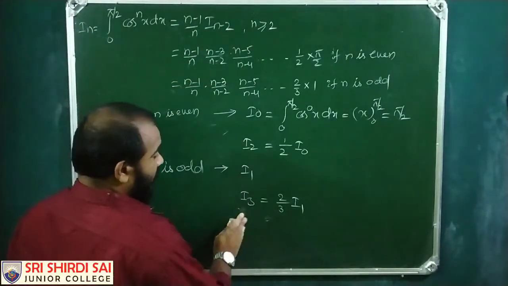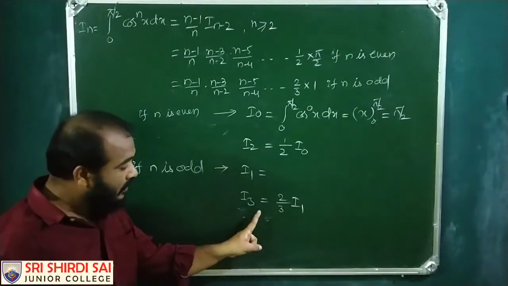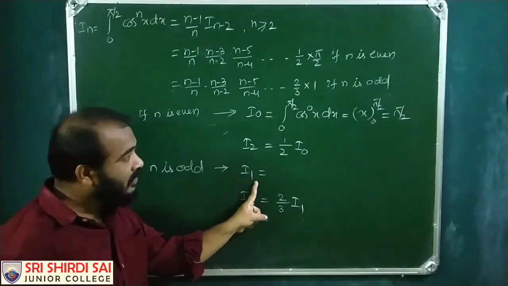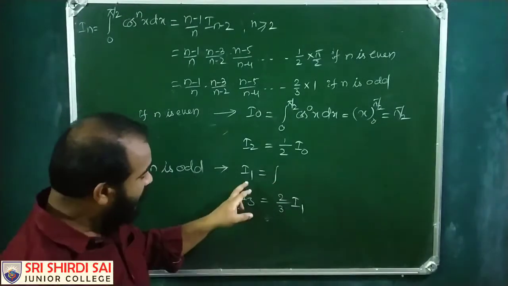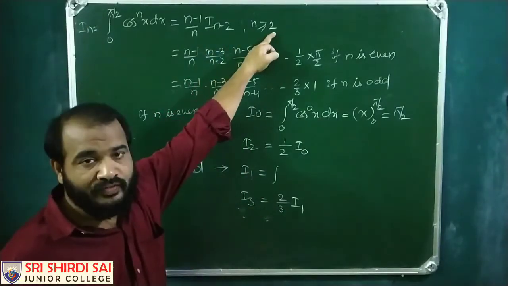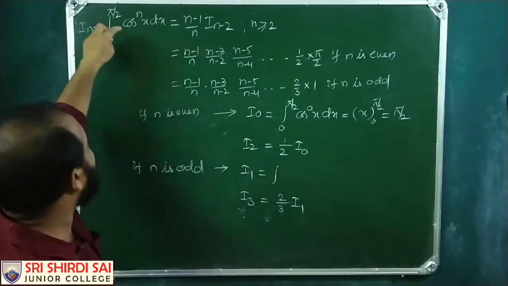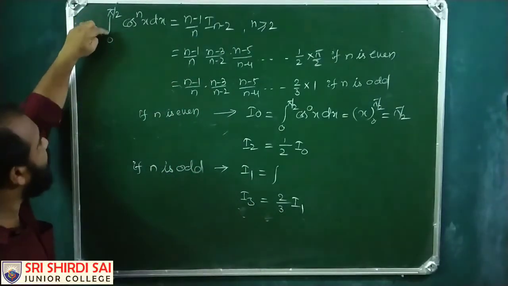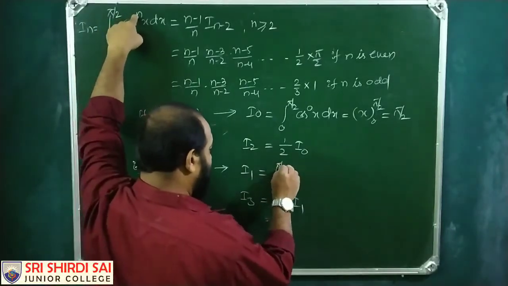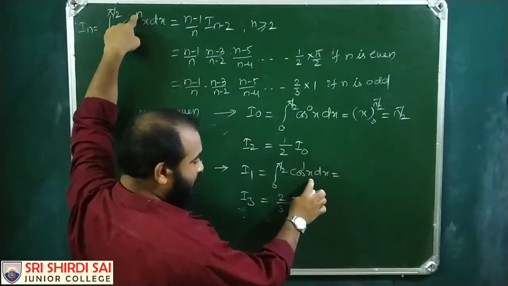And what is I1? This is just one term before the last term. Since 1 is less than 2, not greater than 2, we cannot use this reduction formula. We need to substitute in the integral from 0 to pi by 2 of cos^1 x dx. Cos^1 x means cos x only.